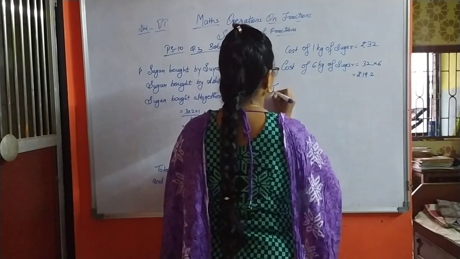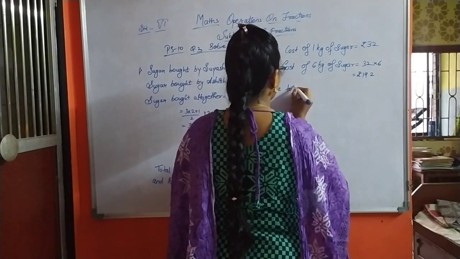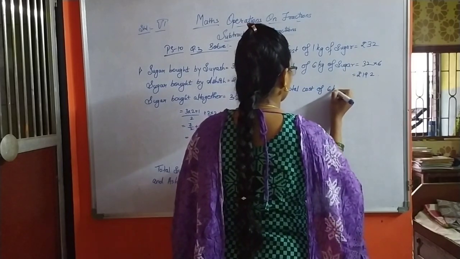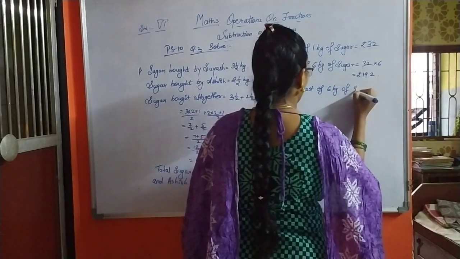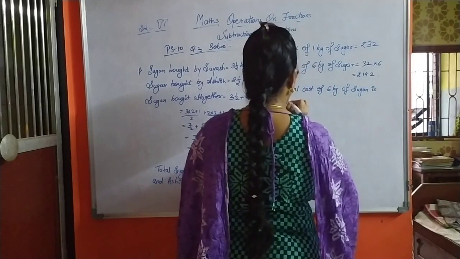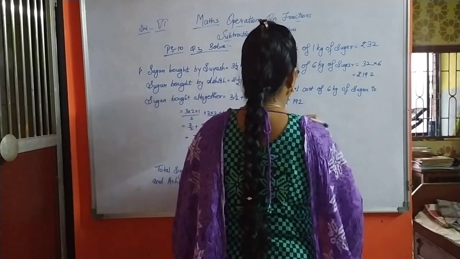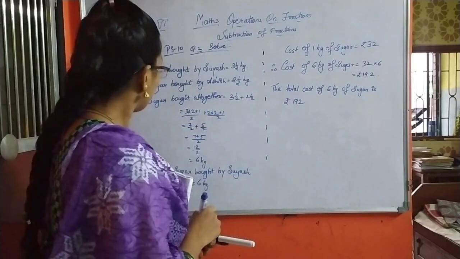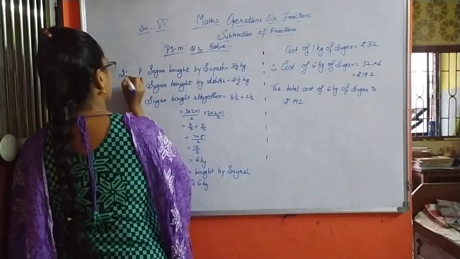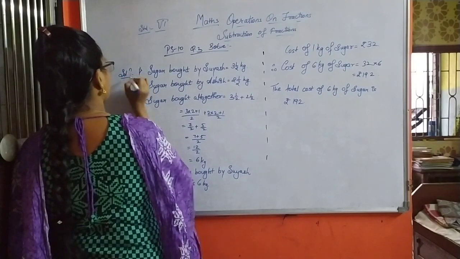So the total cost of 6 kilogram of sugar is rupees 192. So this is the solution for your question number 1 of problem set 10.